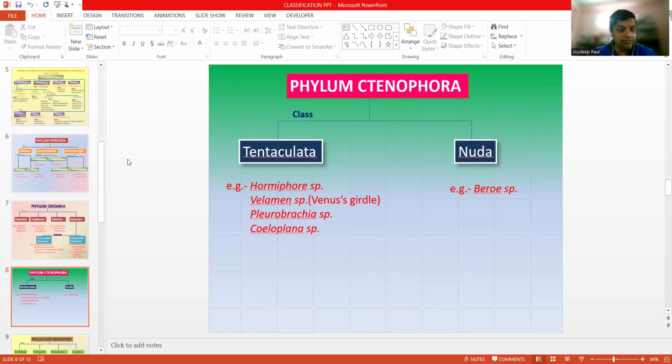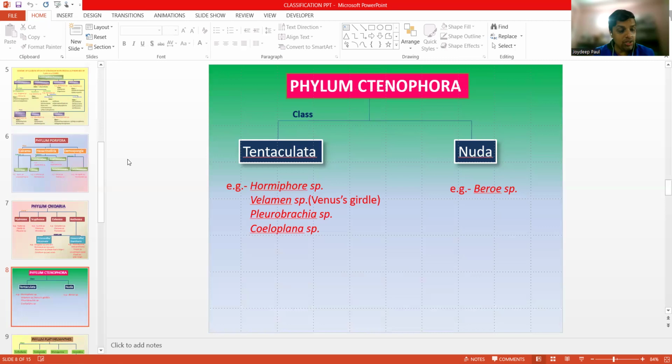Habits: they feed on plankton and swim by cilia. Power of regeneration is well marked. Bioluminescence, that means the property of living organisms to emit light, is well marked in ctenophores. Body shape: the body is transparent, gelatinous, pear-shaped, cylindrical, flat, or ribbon-shaped, so there are lots of varieties.